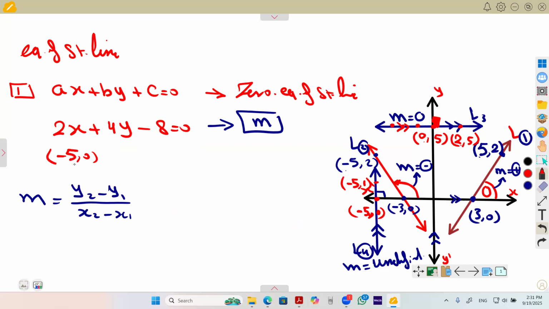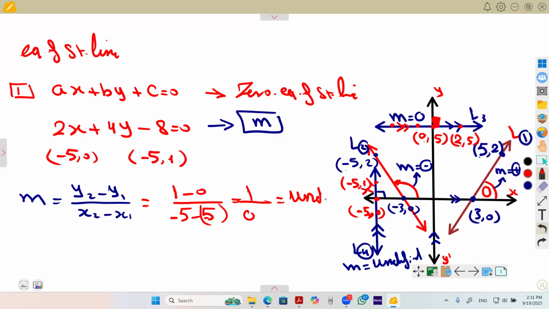How can we get the slope? 1 minus 0 over -5 minus -5. So up we have 1, and down we have 0. Any number over 0 is undefined.